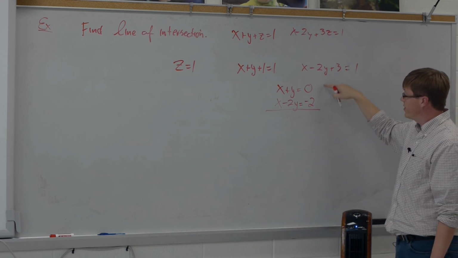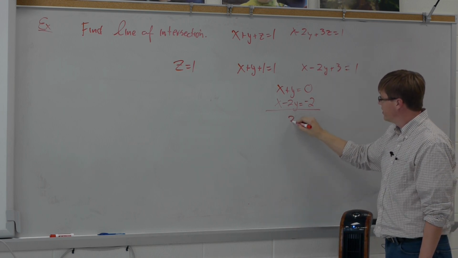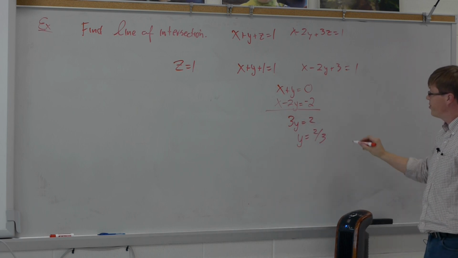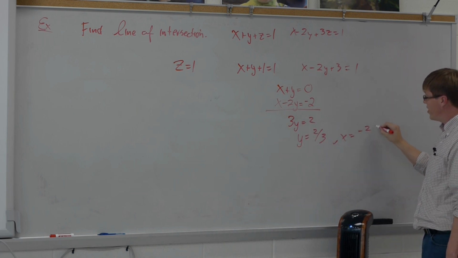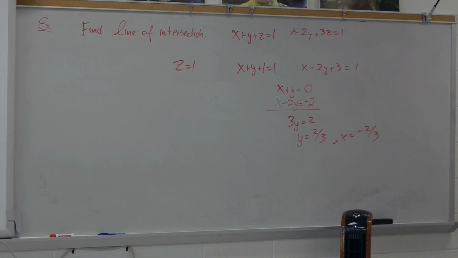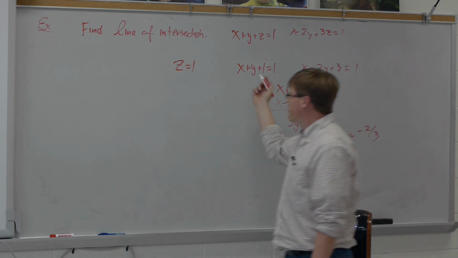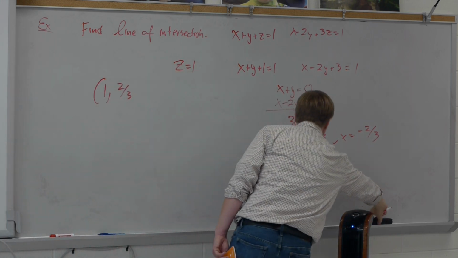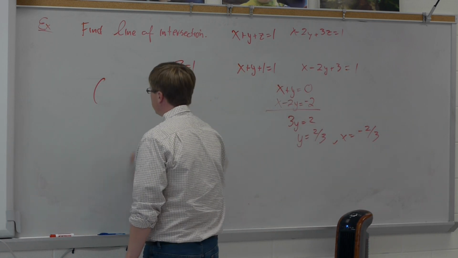So if I subtract these equations from each other, I get 3y is 2, so y is 2/3, which means x has to be negative 2/3. So 1 point that's on both of these things is negative 2/3, 2/3, and 1.